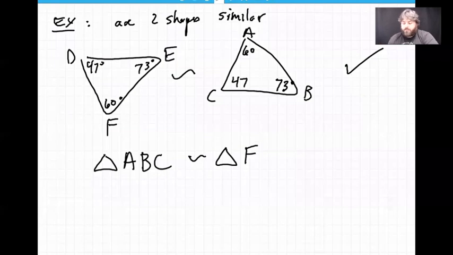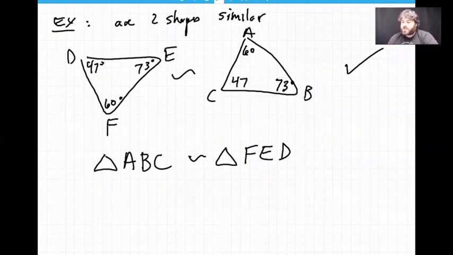I'm going to say F is first because that is our 60-degree angle. Next it says B, which is 73 degrees. Which angle in the DEF triangle has a measure of 73? It's E, so I'm going to put E next. Of course, that means I have to put D last.